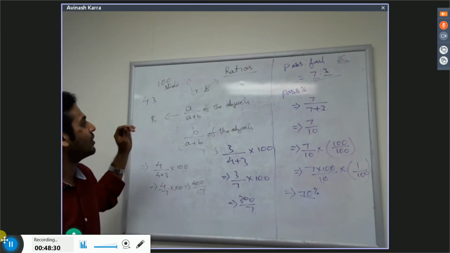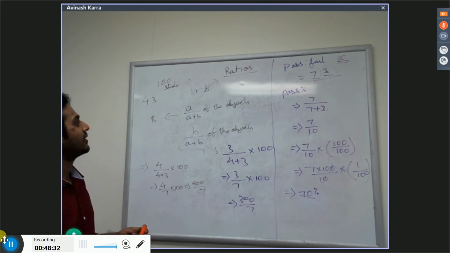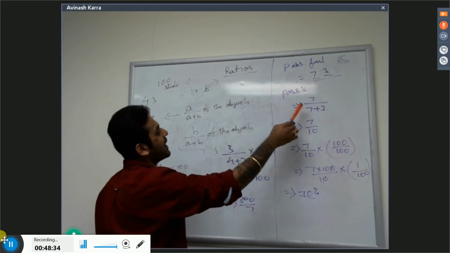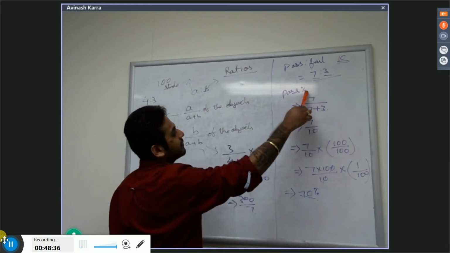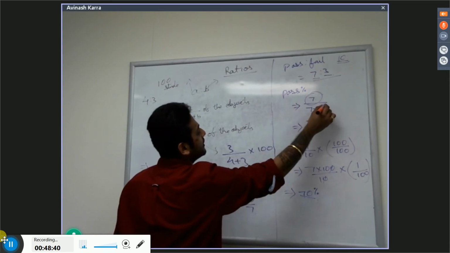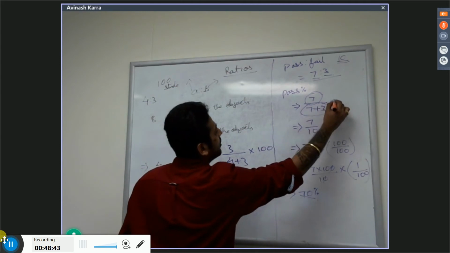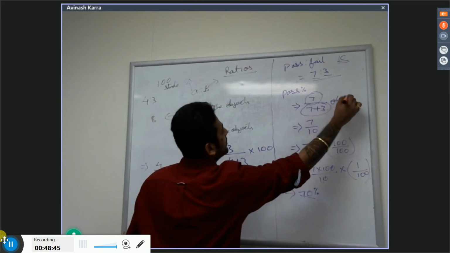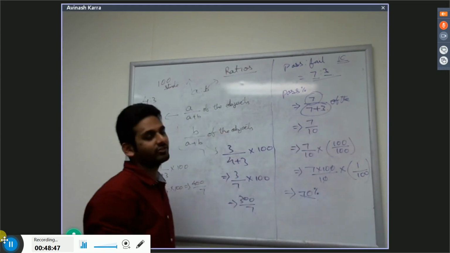So if you want to find what is the pass number, this is the pass number by the total of the objects. What is the objects here?